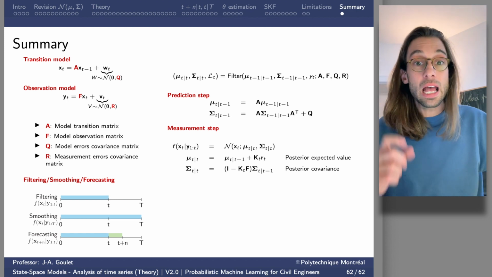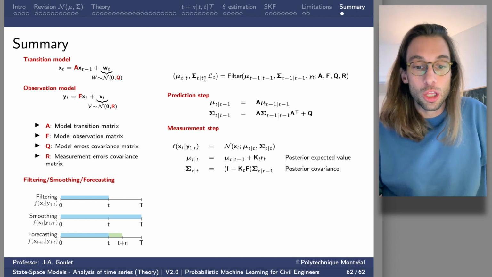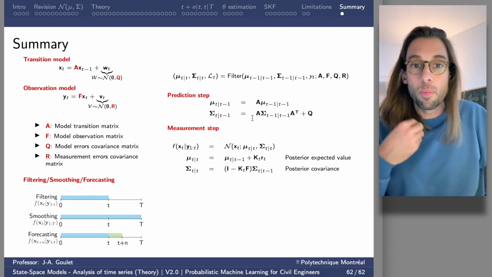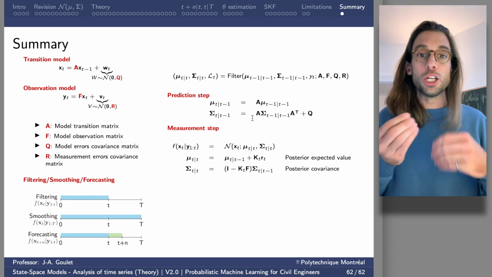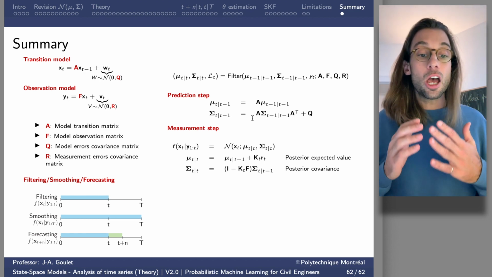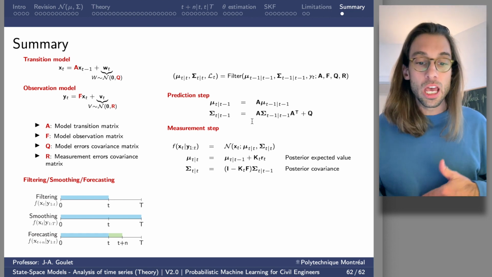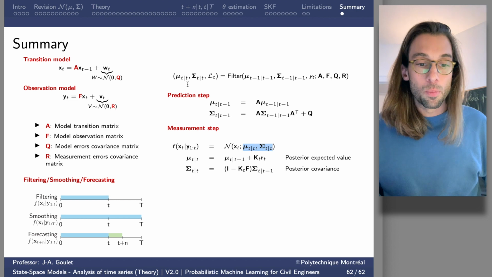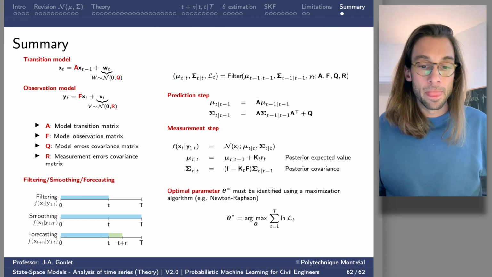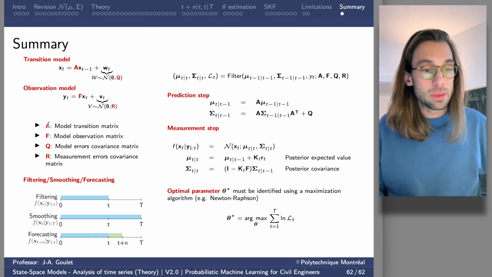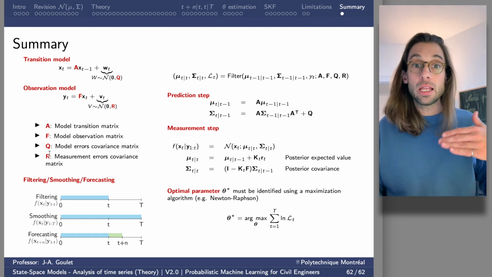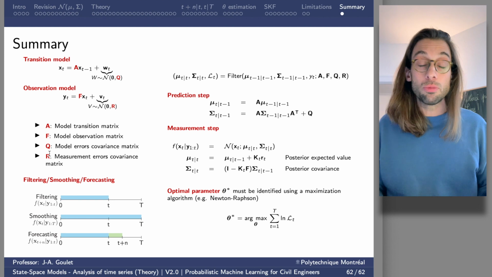So we can break down that filtering into the prediction step, which is simply propagating forward my current knowledge through my transition model, and a measurement step. This is where we use the Gaussian conditional equation in order to obtain the posterior conditional mean vector and covariance matrix. And at the end, remember, these four matrices may contain several unknown parameters that we need to learn from data.